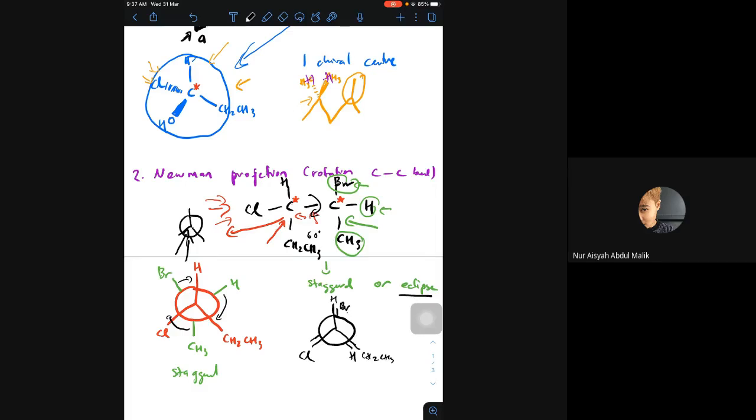This would be your hydrogen, and this would be your CH2CH3. This would be your eclipsed conformation. So any question on this, the Newman?